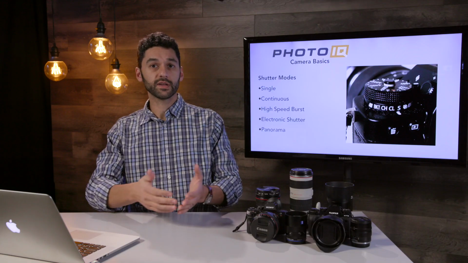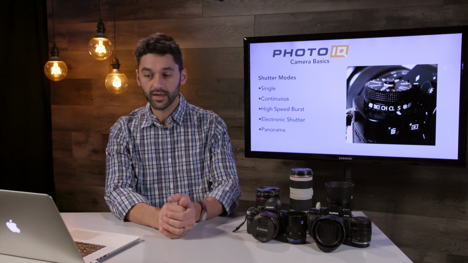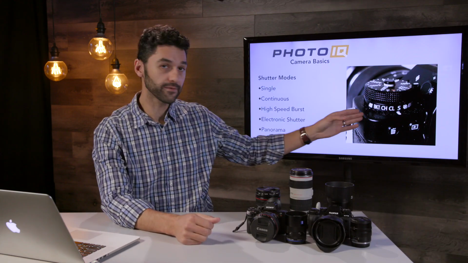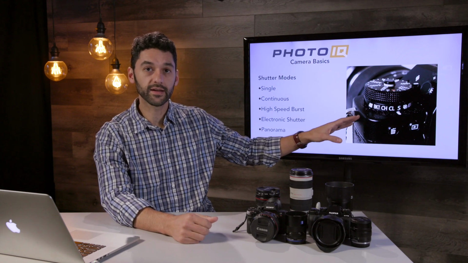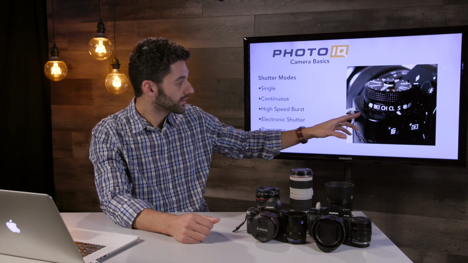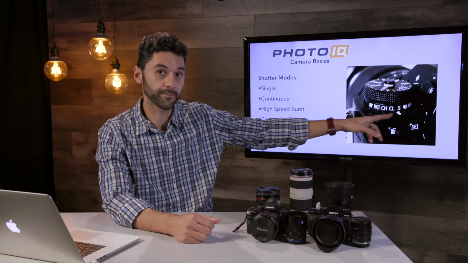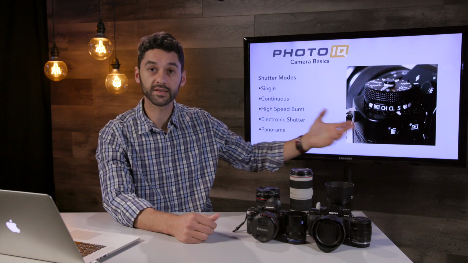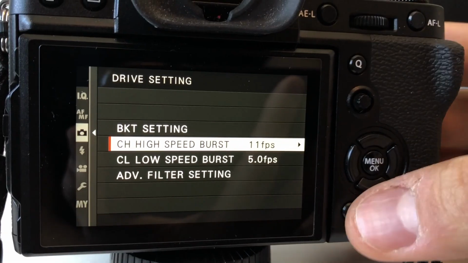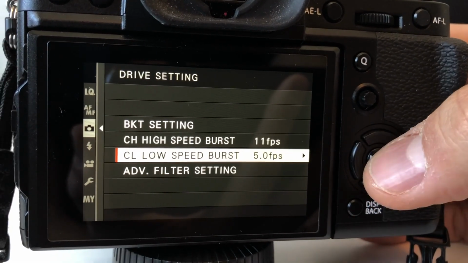Then of course there's even one above that one. And you're going to see an example of that on the Fuji shutter mode dial that I have here as an example. You can see that it has S for single, CL and CH. Now CL is continuous low speed, which is around 5+ frames per second.